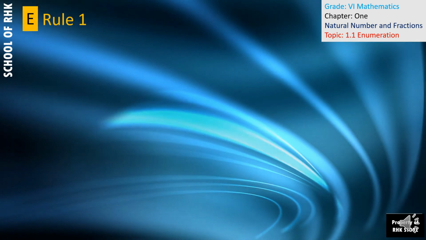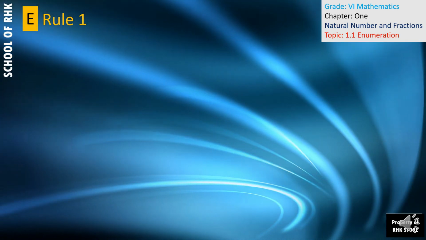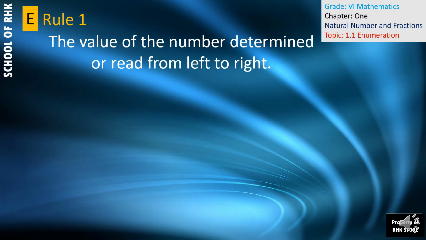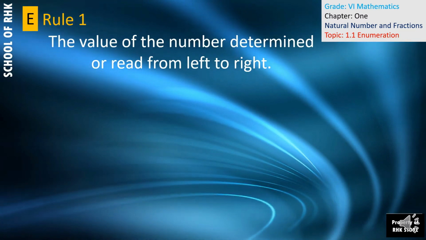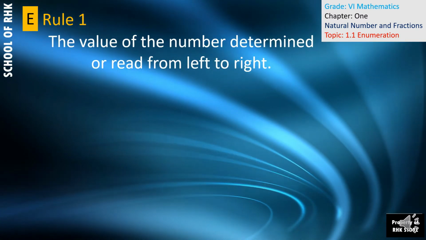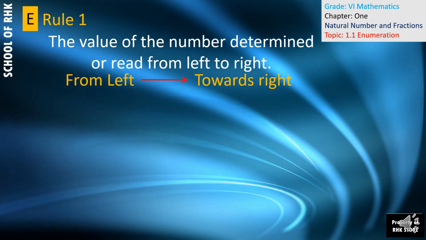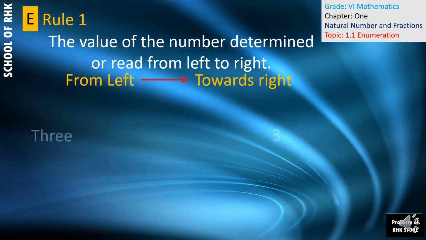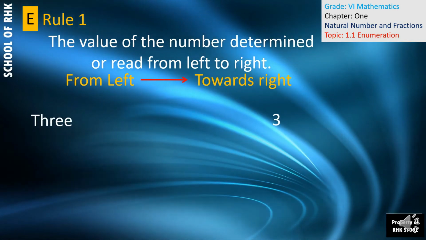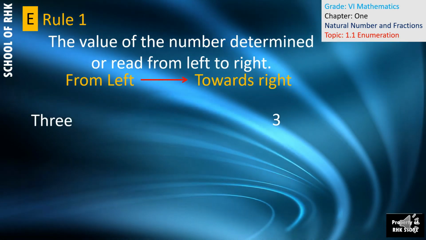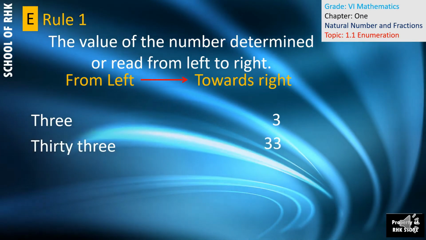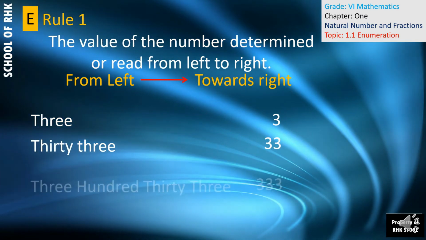The first rule is to determine the value of the number, or read the value of the number, from left to right. Let's assume we have three numbers. The three numbers are 3, 33 and 333.